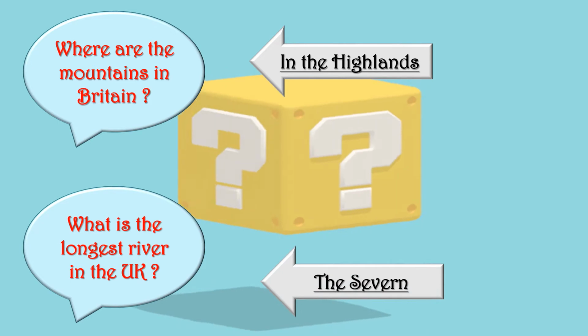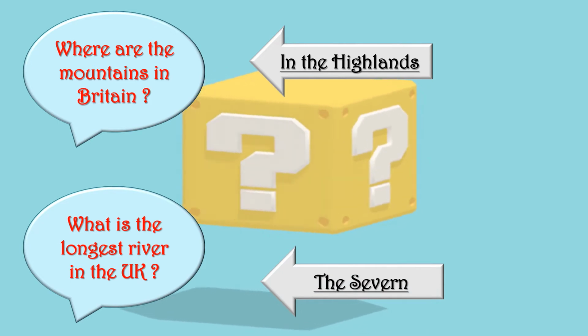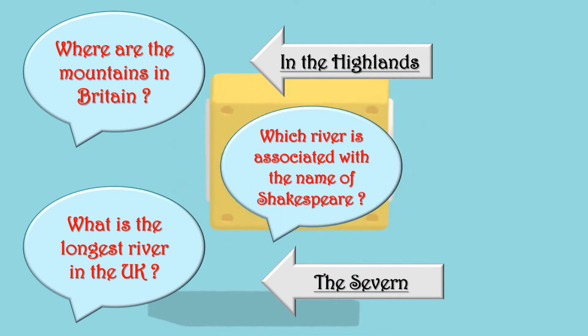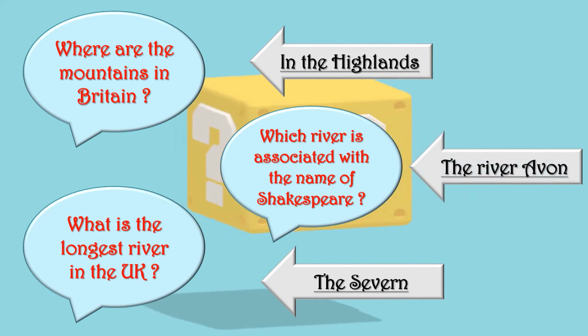The Severn. Number 3. Which river is associated with the name of Shakespeare? The River Avon.